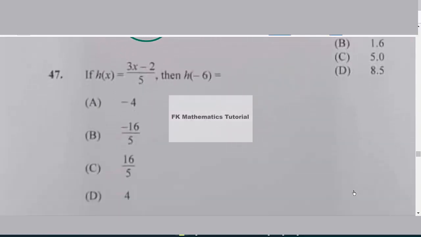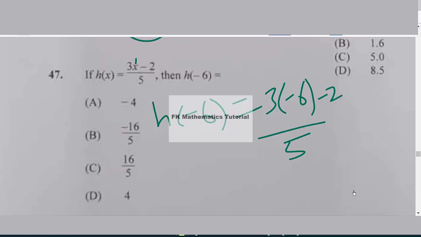Now let's look at number 47. h of x equals 3x minus 2 over 5. Then h of -6. So we plug in -6 for x. So there's x here, so we put -6 there. Then minus 2 all over 5.